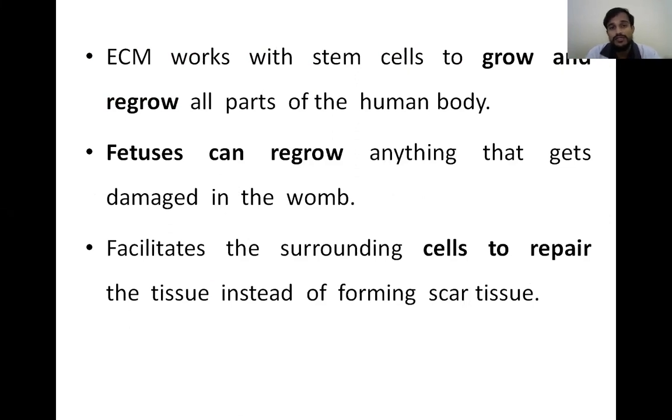And in fetuses also, there may be damage to the fetus in the womb, and again those parts are regrown with the help of this extracellular matrix apart from the cells, and it facilitates the surrounding cells to repair the tissue instead of forming scar tissue. So the extracellular matrix helps in the repair of the tissue.